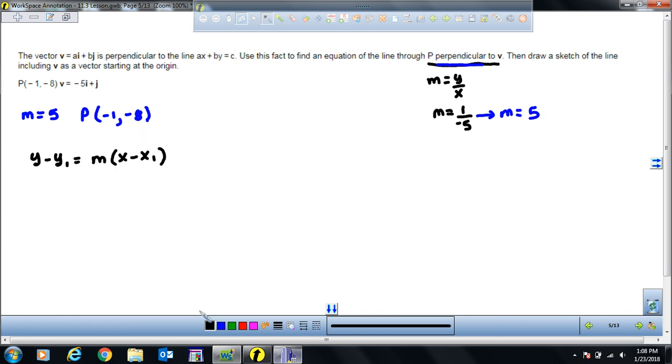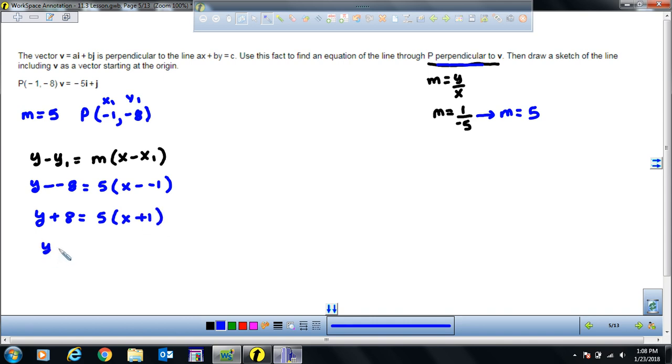So we already have the point x1, y1, and we have the slope. Let's substitute them into the equation. So it would be y minus y1, which is -8, equals m, which is 5, times x minus x1, which is -1. So that gives us y plus 8 equals 5 times x plus 1.